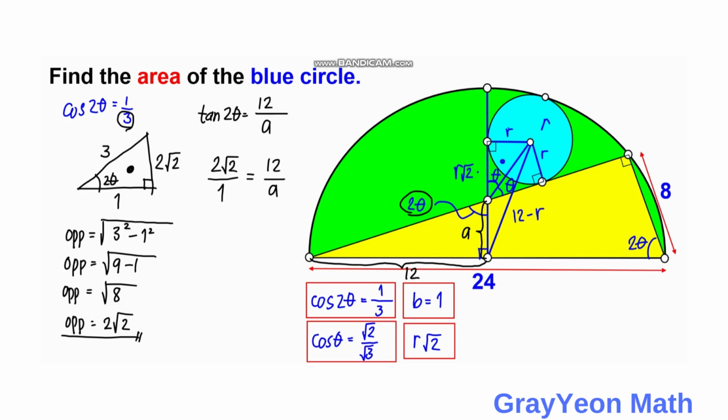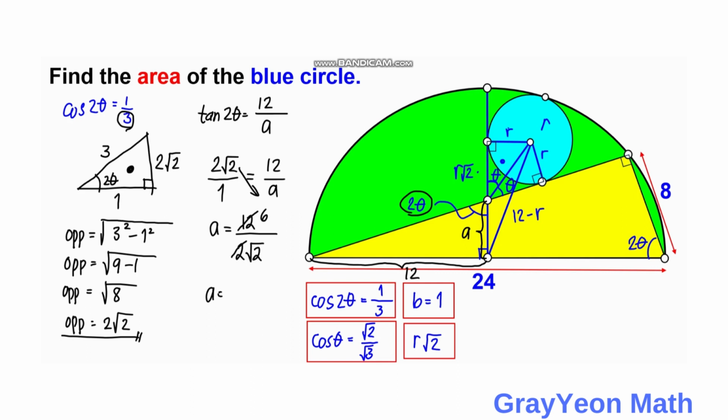So if you cross multiply to get A, A is equal to 12 divided by 2 square root of 2. So this becomes 6 over square root of 2.